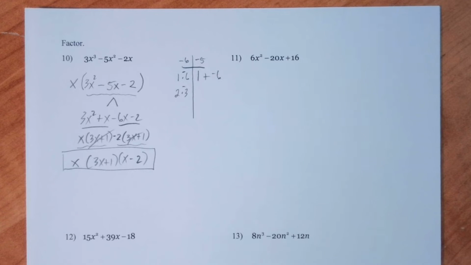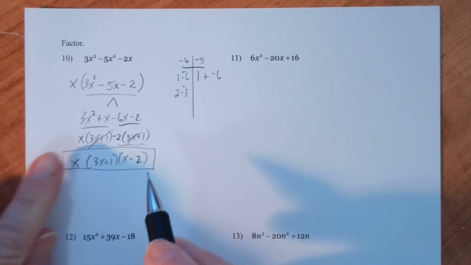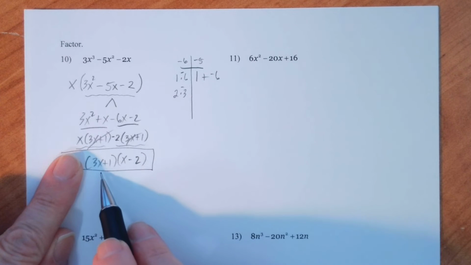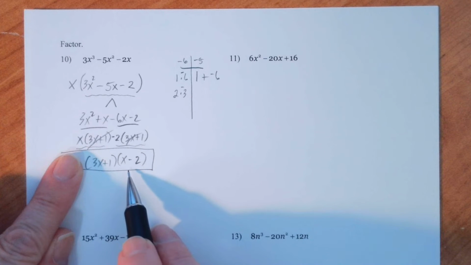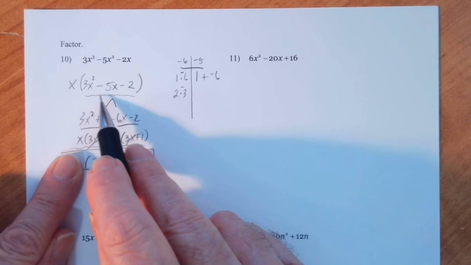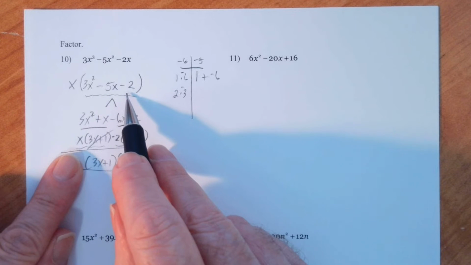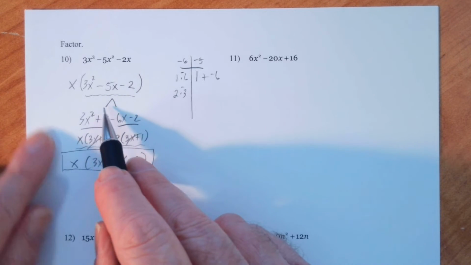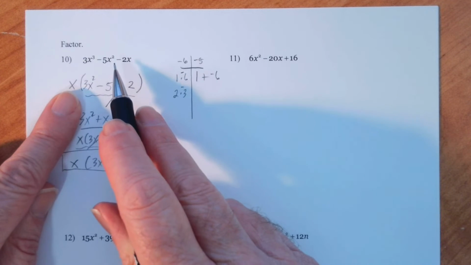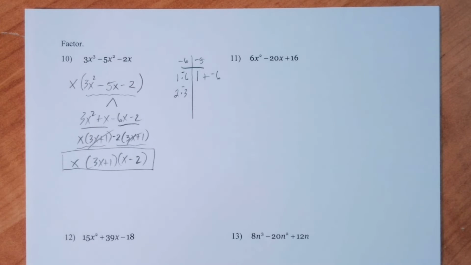So I want you to notice, if I wanted to check this, I would start by foiling 3x plus 1 times x minus 2, and I would get 3x squared minus 5x minus 2. And then I would multiply by x, and I'd get back to where I started. So we'd have to do two multiplications to get back to where we started.